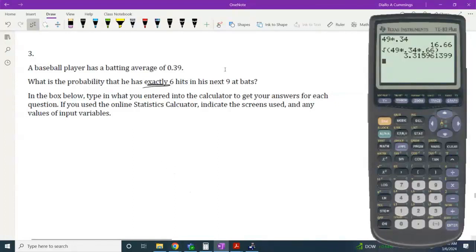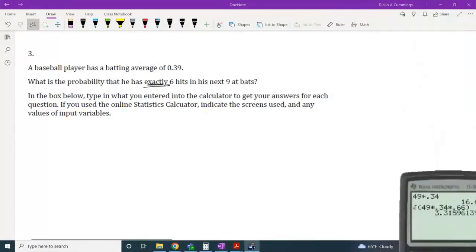Now they give us 3 numbers. It says a baseball player has a batting average of 0.39. So is that 0.39 N, P, or X?